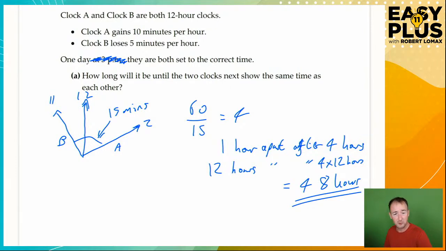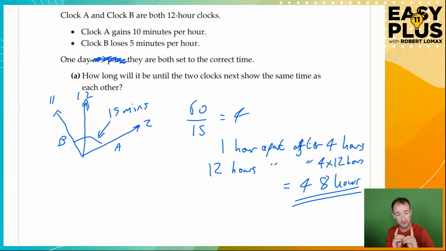So just to recap that very quickly. If one gains 10 minutes each hour and the other loses 5 minutes each hour, that means the difference between them increases by 15 minutes every hour. Don't worry if you're puzzled, I'm going through it again. Okay, 15 minutes difference between them every hour. That means in 4 hours, there'll be a 1 hour difference between them. 15 goes to 30, goes to 45 minutes apart, goes to an hour apart.